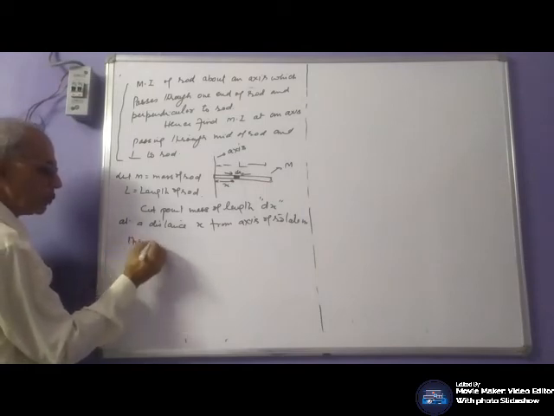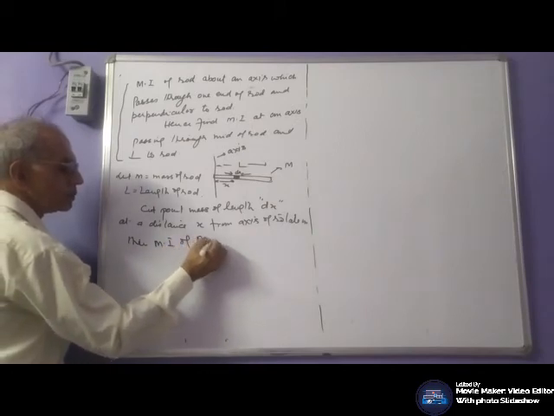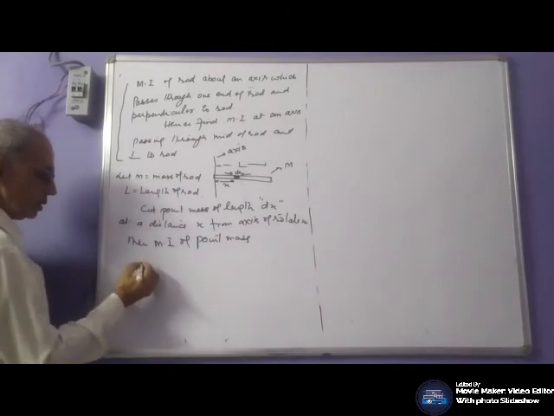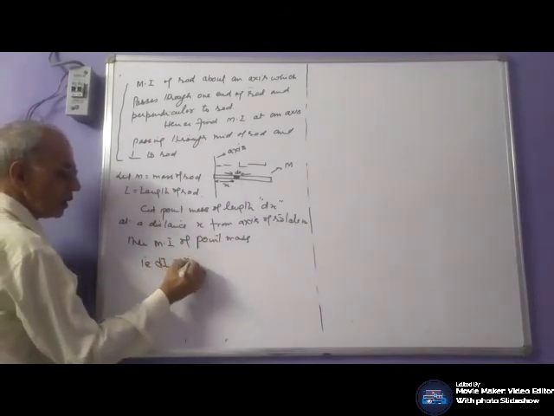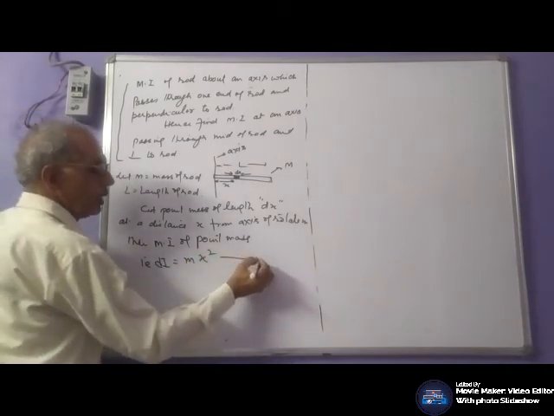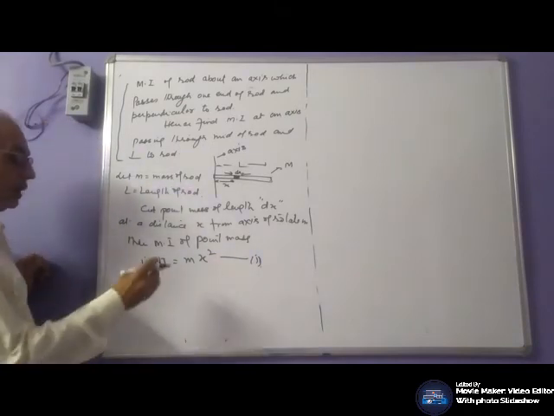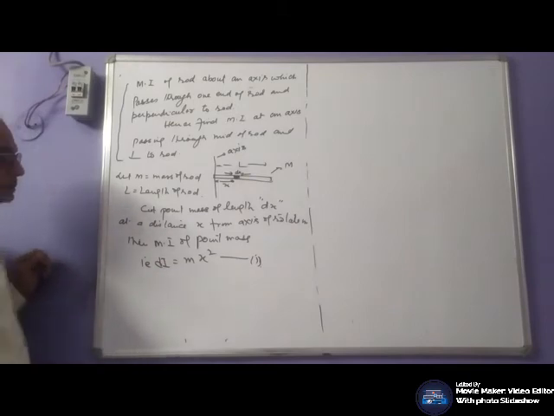Then MI of point mass, that is dI, is dm x square. We know this thing. Point mass we know. Now we have to find the mass of the point mass.